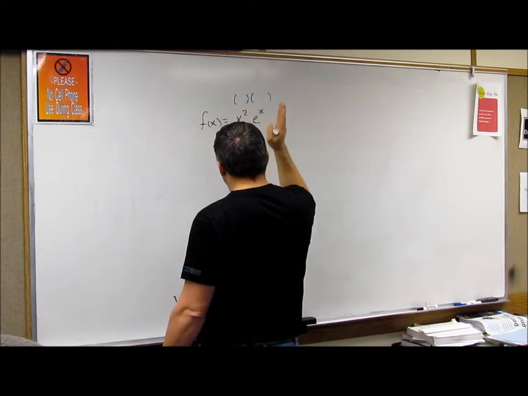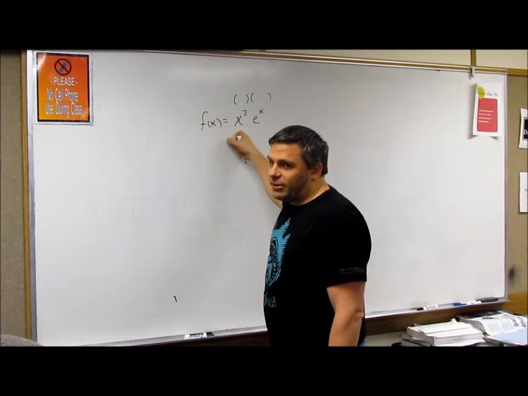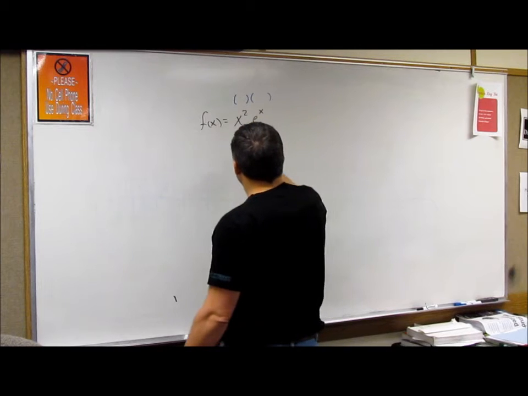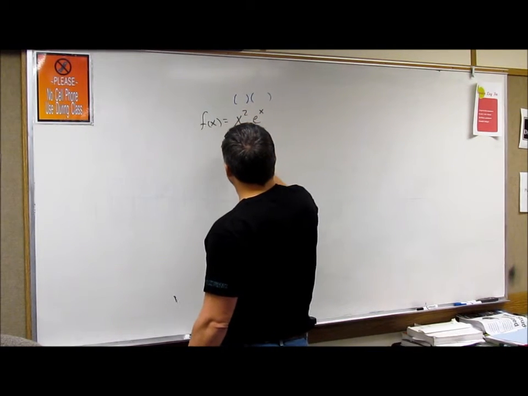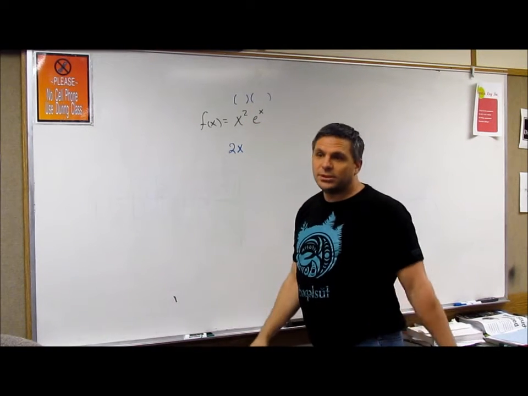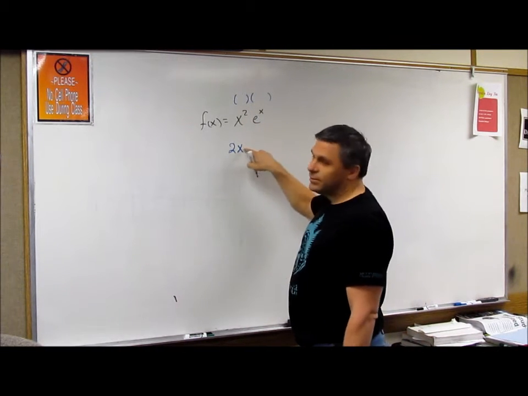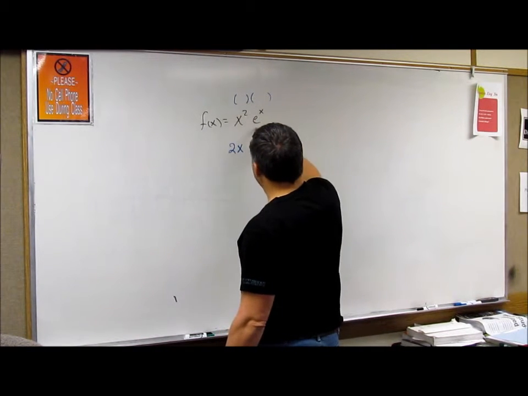You just, with the product rule, we take the derivative of the first one. So first derivative, just like the power rule, 2 times the coefficient, so 2x minus 1 from 2, and you get 2. Or you get 1, right? And then you just bring this down, times whatever is here.